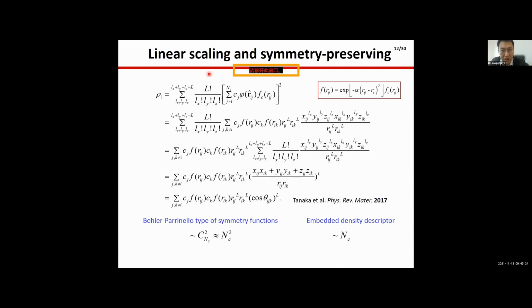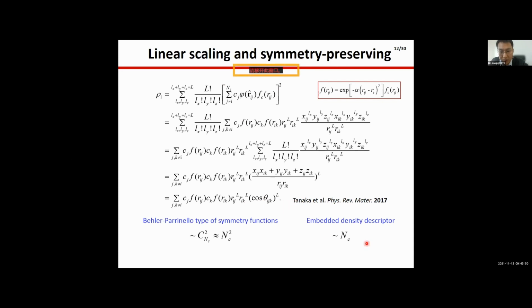What's interesting is that if you do some math, you will transform this linear combination form to a bond angles form, which is invariant to translational and rotational symmetry.